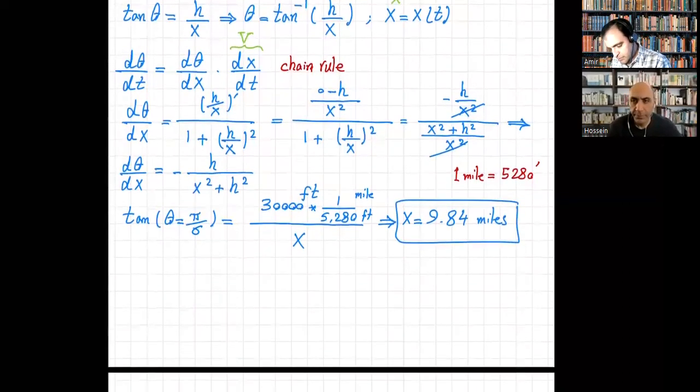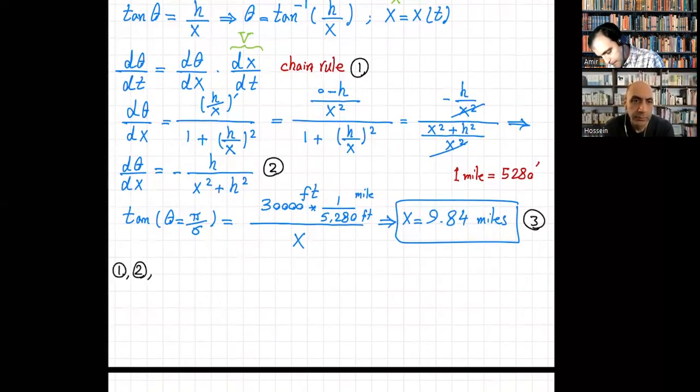Therefore, we have all the ingredients to obtain the rate of change of theta. Let me name this equation number 1, equation number 2, and number 3 for the value here. Based on these, d theta over dt, sometimes in an engineering context we call it theta dot.